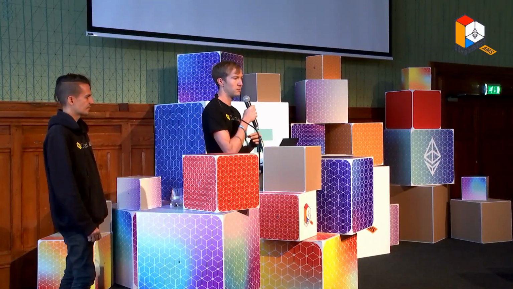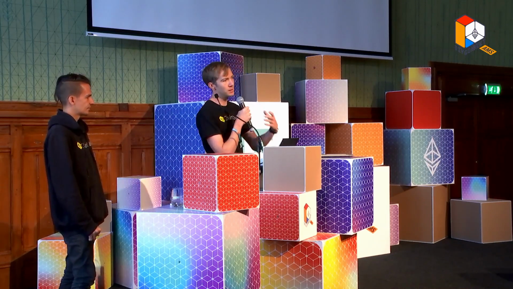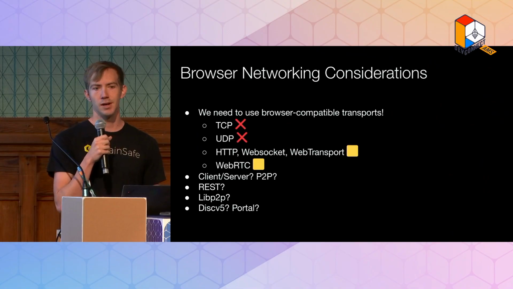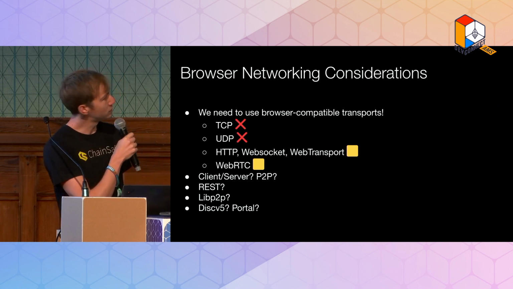We're doing some research right now to see if we can remove the signaling server and allow browsers to directly connect to a server using WebRTC. It's possible. There are some caveats: it's not usable in browser web workers or background workers. It's only available in a main thread. So it's not great for all browser applications, but it's workable. It's yellow.